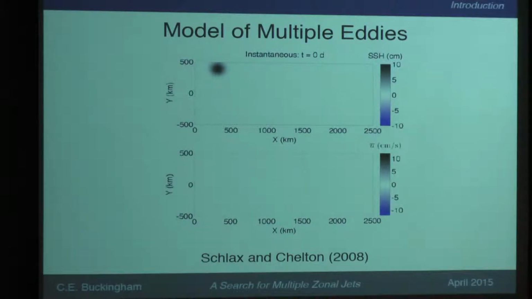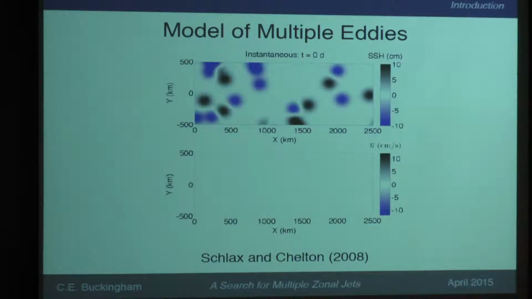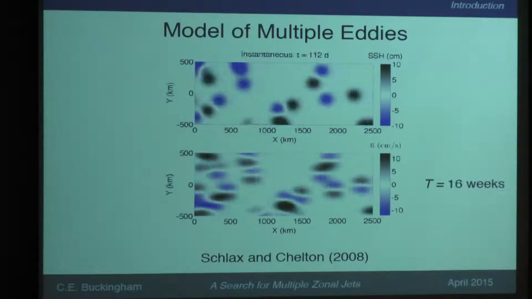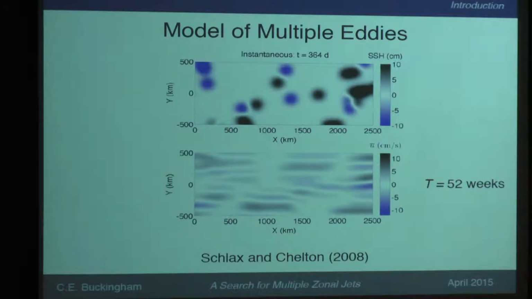But to extend that further, Schlax and Chelton added a whole number of eddies with random position and intensity, random amplitude and size. When you average for longer and longer periods, the top snapshot is an instantaneous frame, and the bottom snapshot is the time average. When you do that, you find that there in fact are jet-like patterns similar to the observed striations.